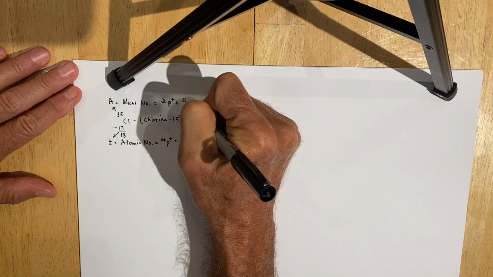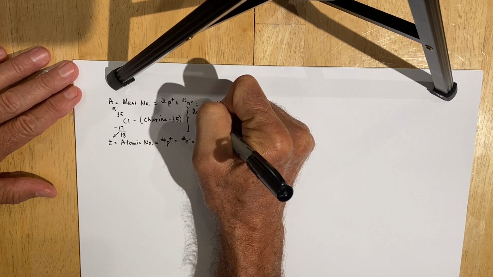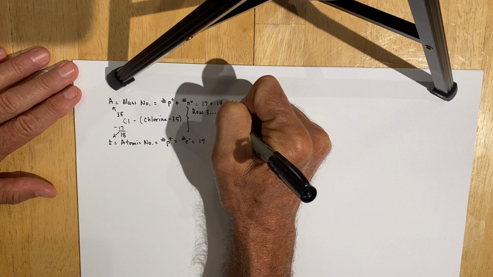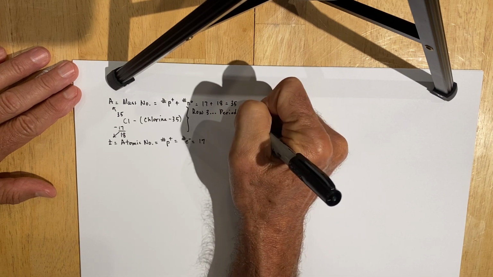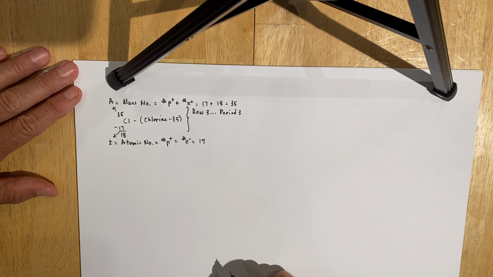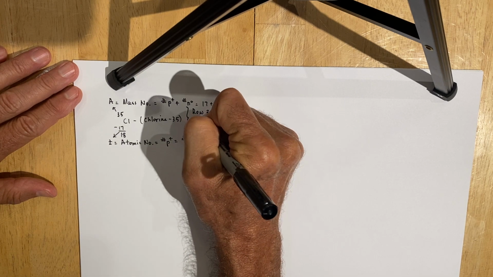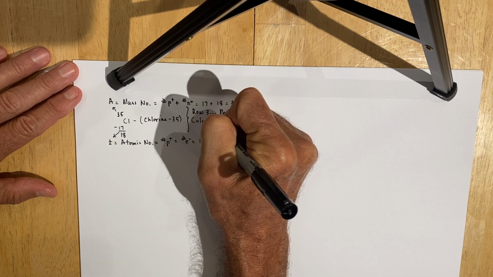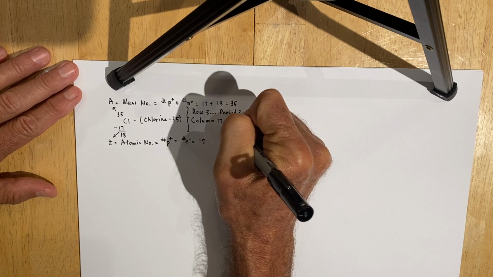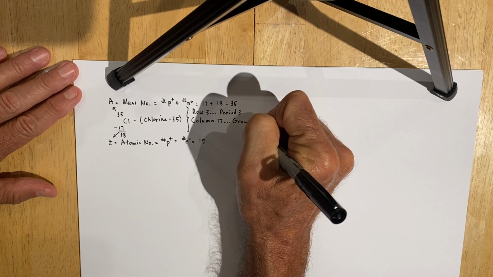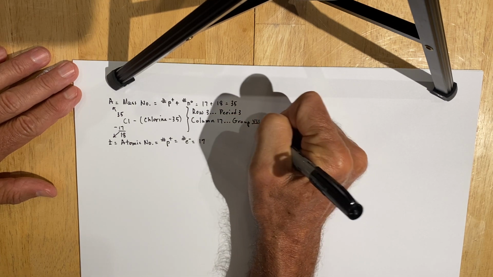We say that it's positioned in period 3 of the periodic table, because it's got a sufficient number of electrons to fill the third energy level. We say that it's a member of column 17, otherwise known as group 7A.